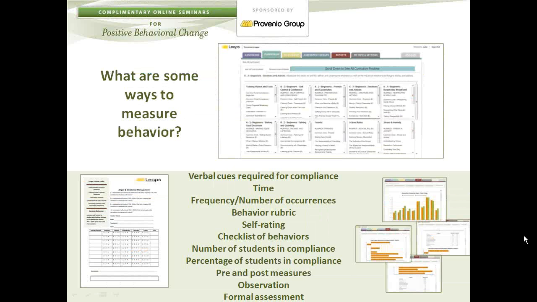But I'm going to let Pam talk a little bit more about some other ways you can measure behavior. Right. One of the ways that we show at the top part of your screen is with a behavior rubric, and you'll see that there are a plethora of ways listed right here. The behavior rubrics in LEAPS are all found at the top of every one of these boxes.